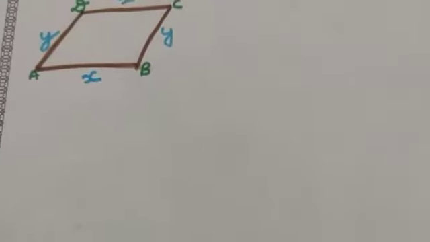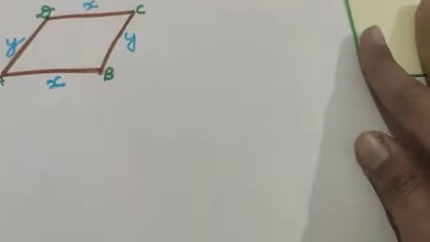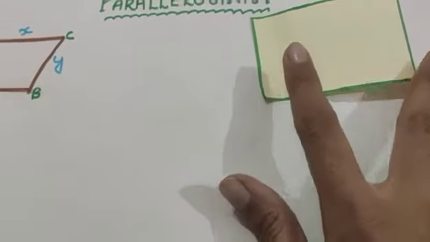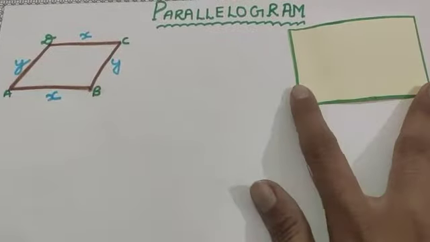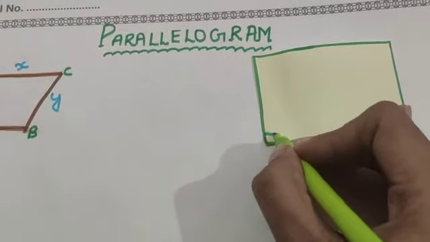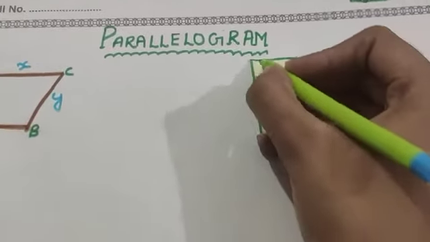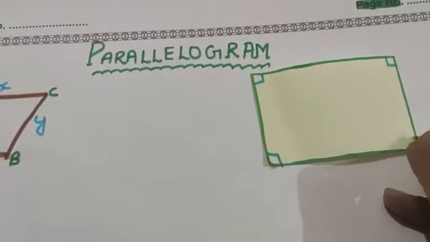So how is it different from a rectangle? Look here. So here is a rectangle. How is a parallelogram different from the rectangle? You can see that in the rectangle, all four angles are 90 degrees and opposite sides are equal and parallel.